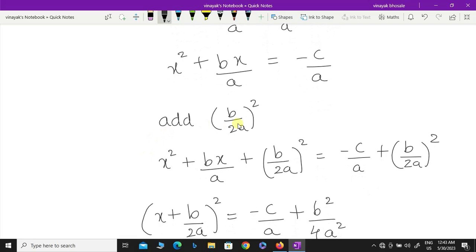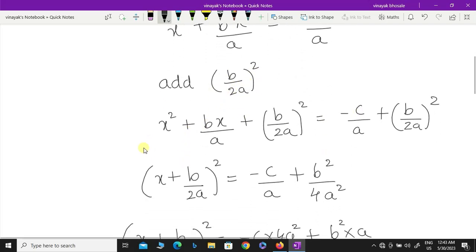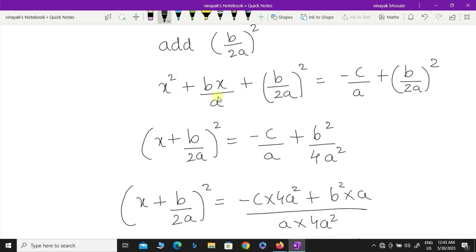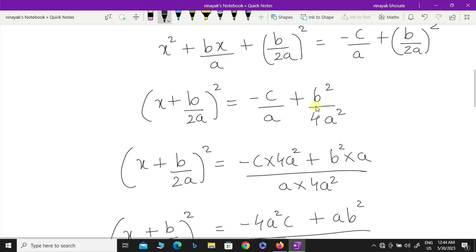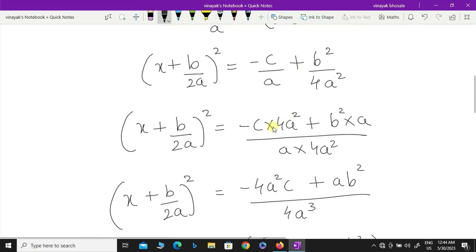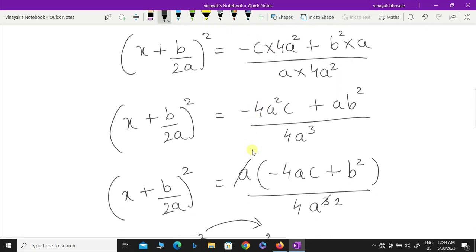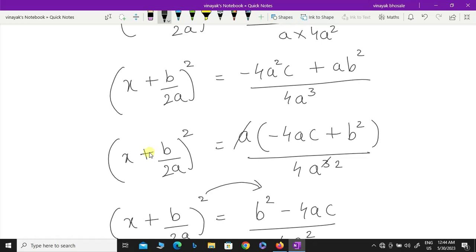Now I will add b by 2a whole squared to both sides, and we will shrink this term to x plus b by 2a whole squared, and we will simplify this term, and we are going to get minus 4ac plus b squared divided by 4a squared, and this term remains the same.